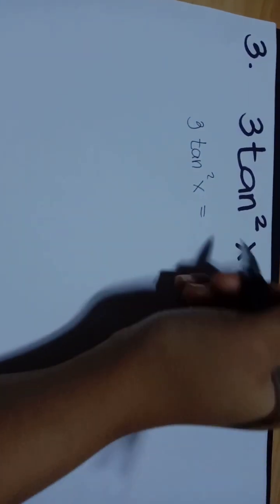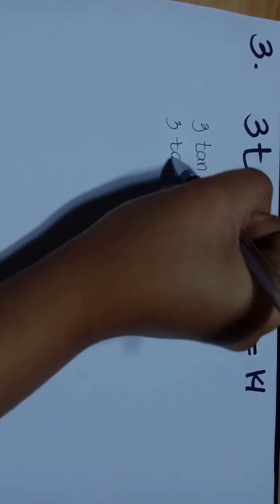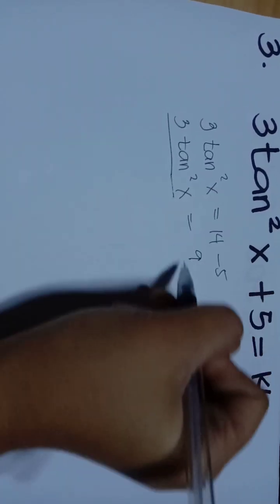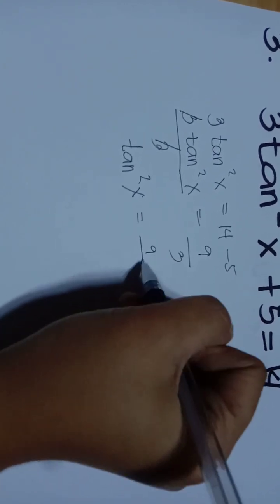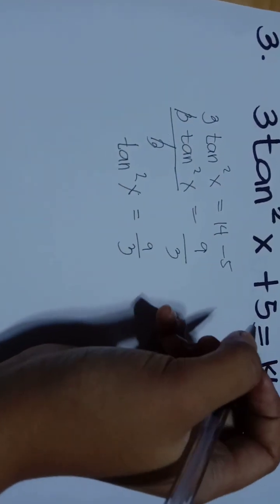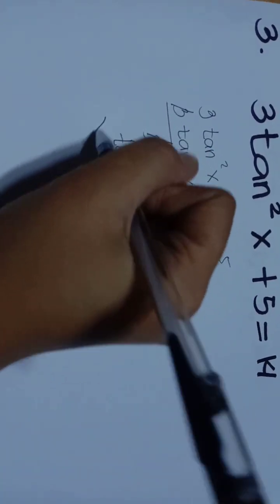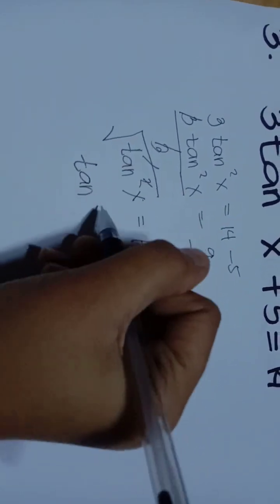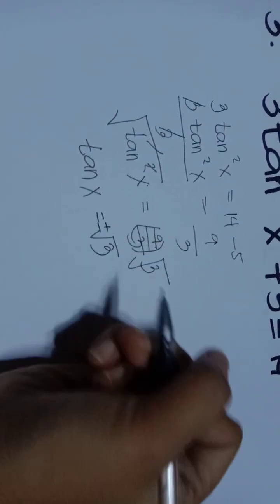So, 3 tangent squared x equals 14 minus 5, so 3 tangent squared x equals 9. Then divide both sides by 3. Tangent squared x equals 9 over 3, which is 3. So, square root both sides. So, we have now tangent x equals square root of 3.